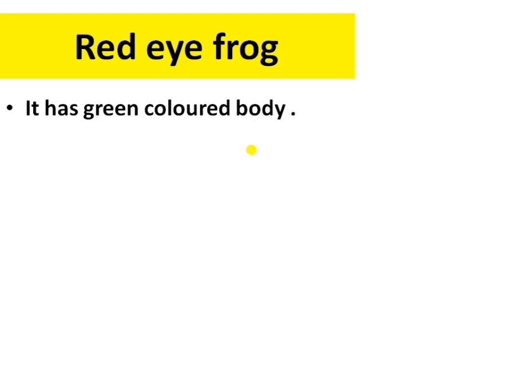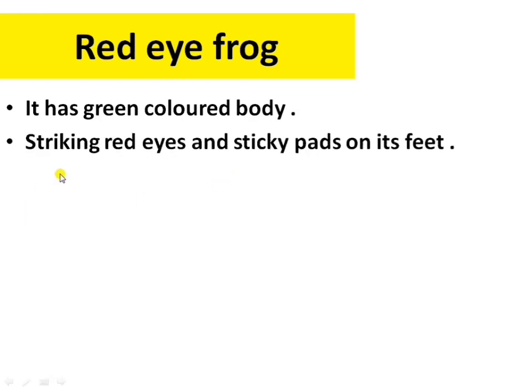That's why they have a green colored body, because they can easily escape from predators. Then striking red eyes and sticky pads on its feet scare the enemy away. The sticky pads on its feet help it to climb trees easily.